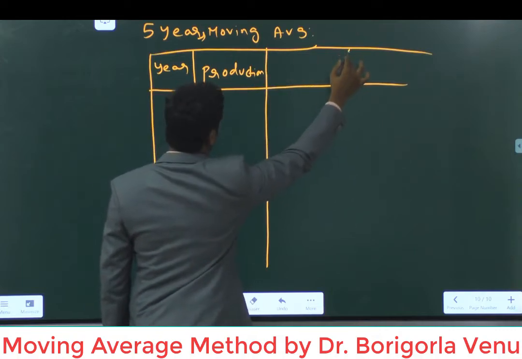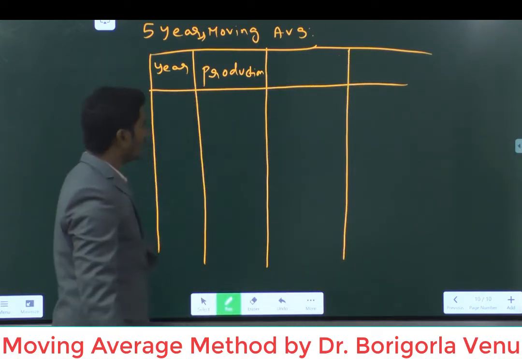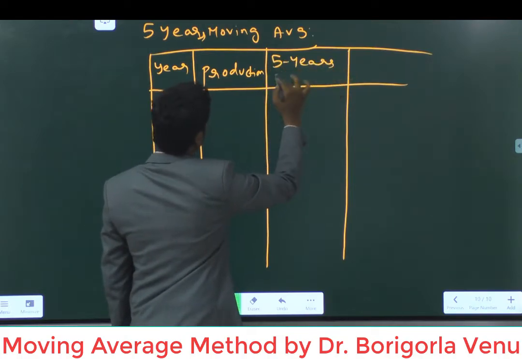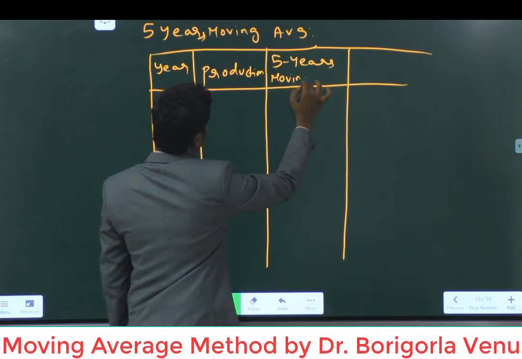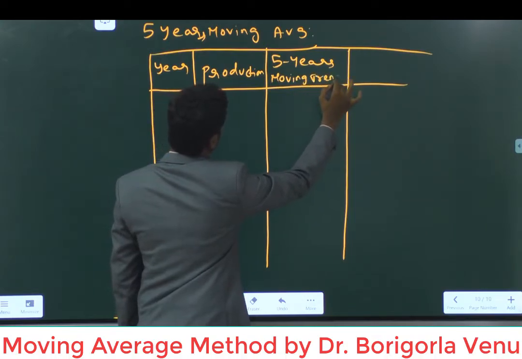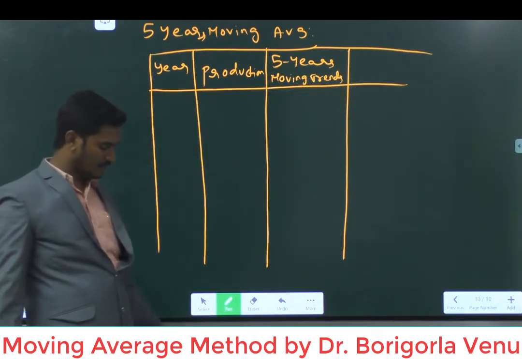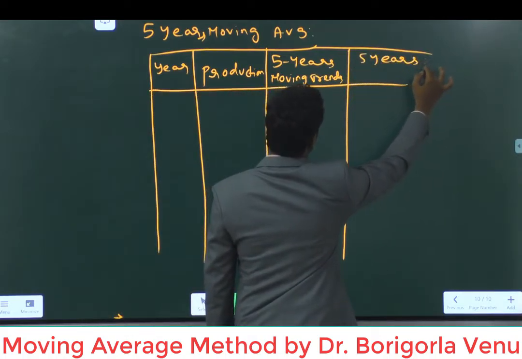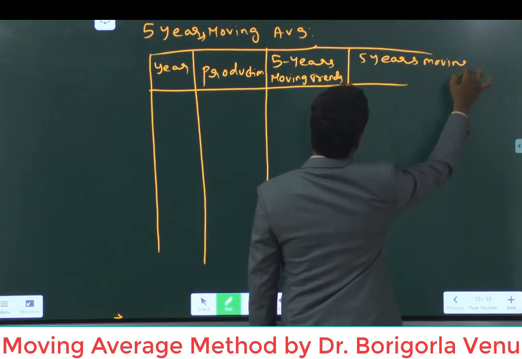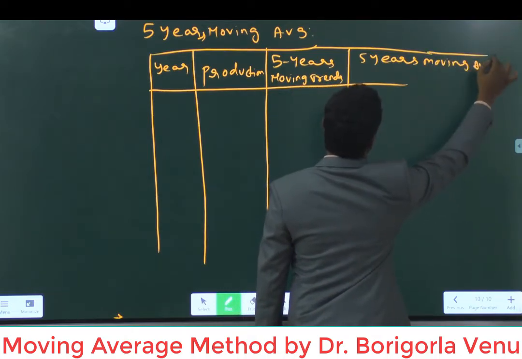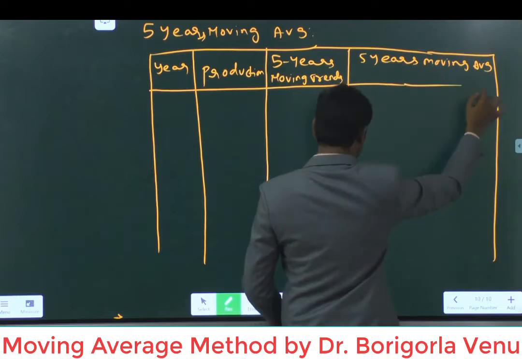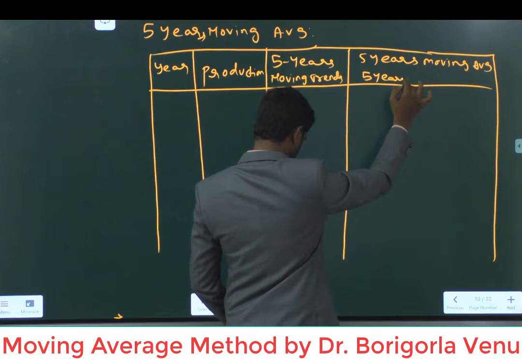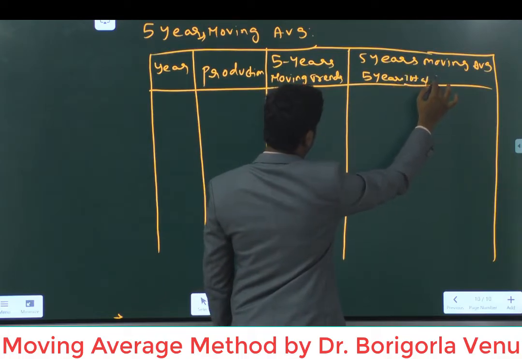Next the 5 years moving trends. Next the 5 years moving average. This 5 years moving average means 5 years total divided by the number of years.